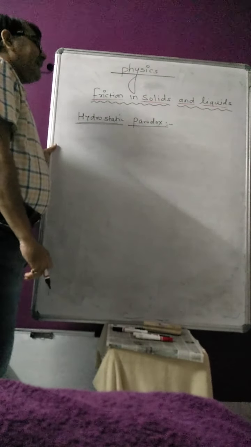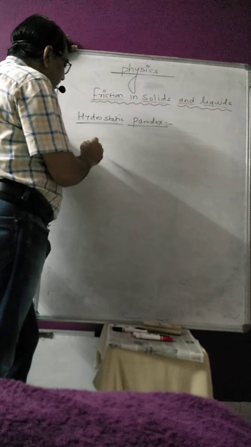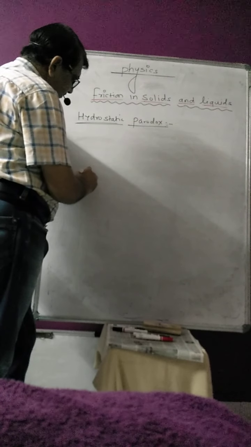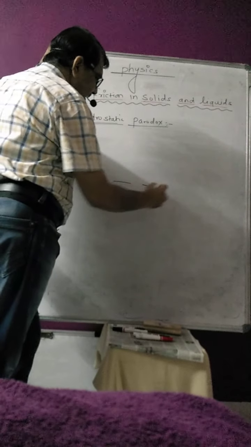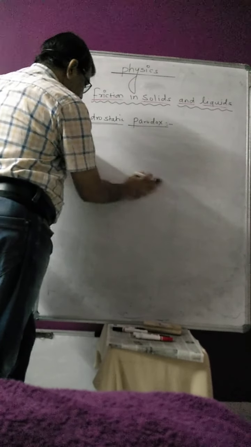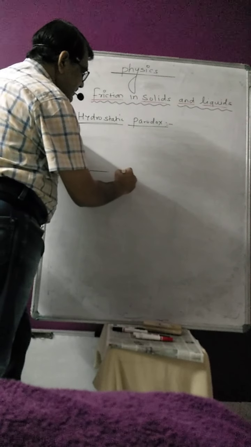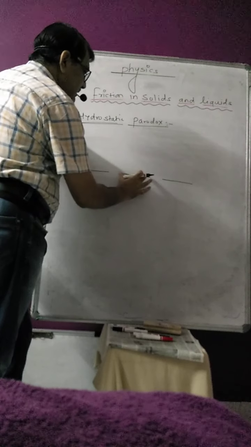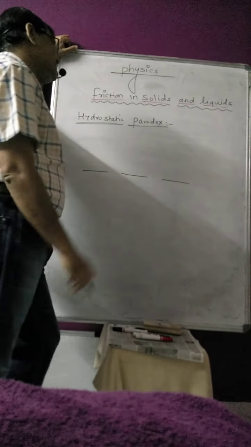To understand that paradox, you should first consider what exactly sir is telling. Suppose I am taking three different shapes of container having the same base area. See here, this is the first container, second container, third container, having the same base.